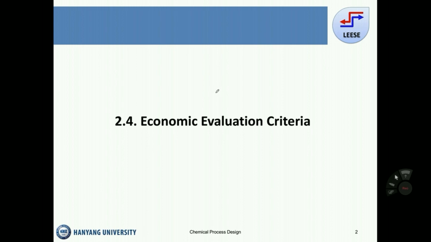So some criteria is required to decide whether the execution of a certain project is profitable or economically viable. So we need to look at the evaluation criteria for economic performance of the chemical plant engineering project in this section.